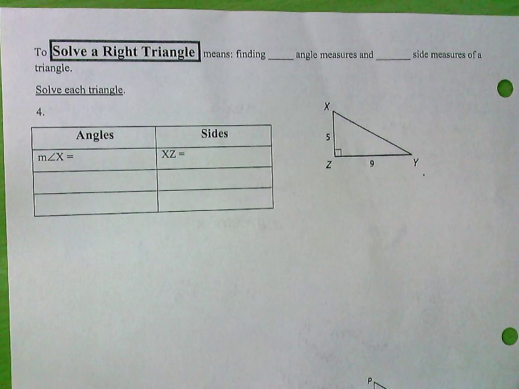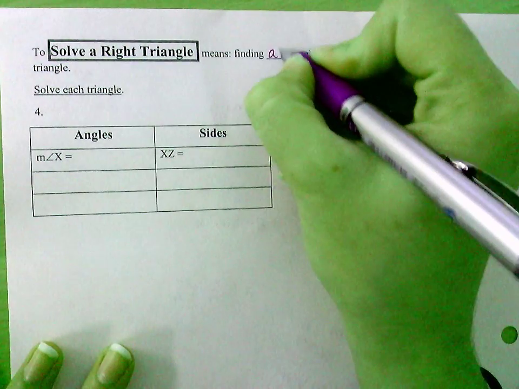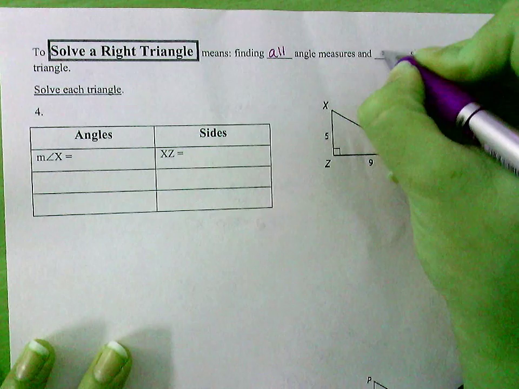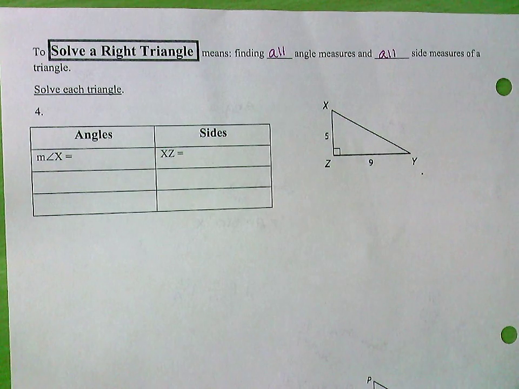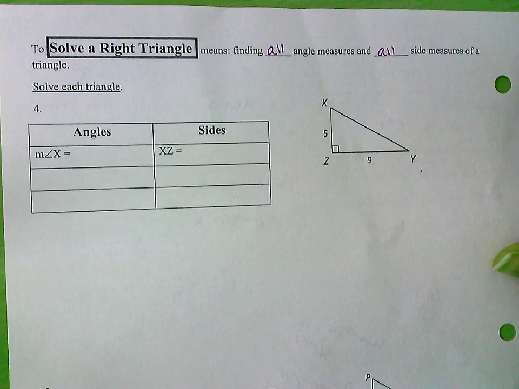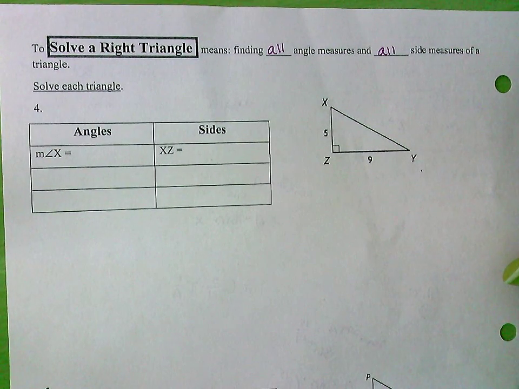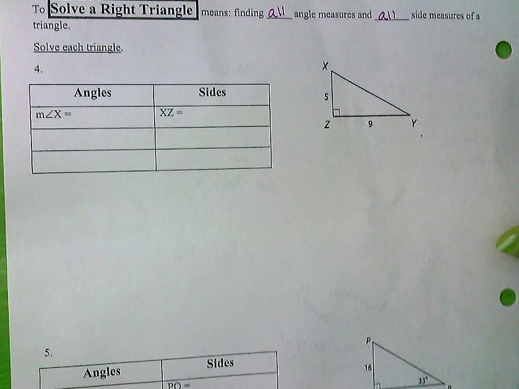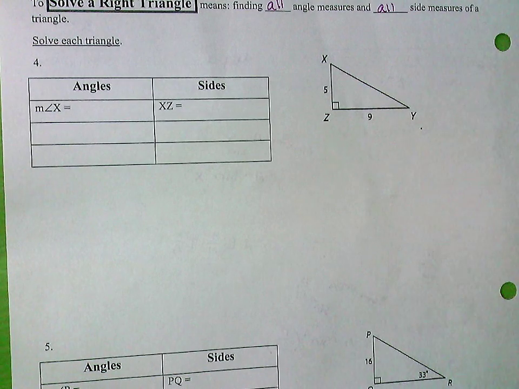So, to solve a right triangle, that means you're finding all of the angle measures and all of the side measures of a right triangle. So number 4, we want to solve this right triangle.